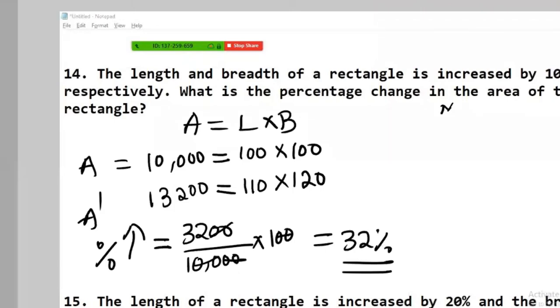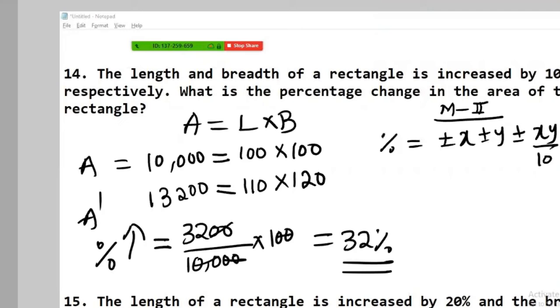Method 2. Same formula: plus or minus x plus or minus y plus or minus xy by 100 percent. Both are increased, so plus 10 plus 20 plus 10 into 20 by 100.